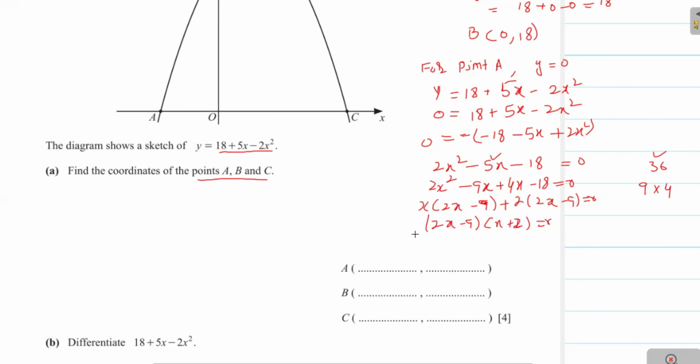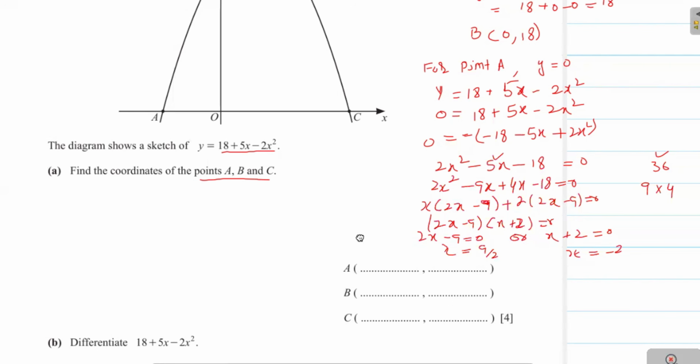Therefore, 2x minus 9 equals 0 or x plus 2 equals 0. Therefore, x equals 9 over 2, and x equals minus 2.